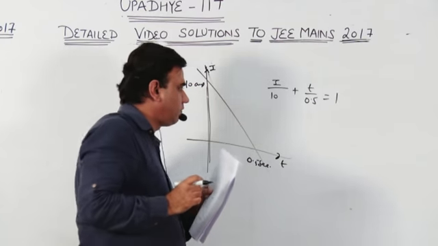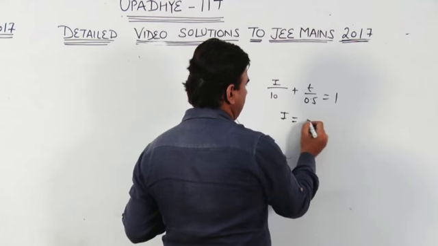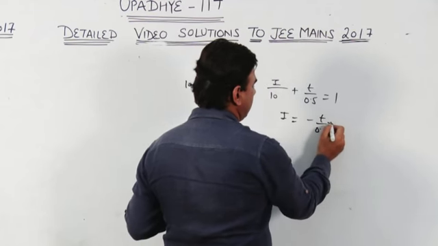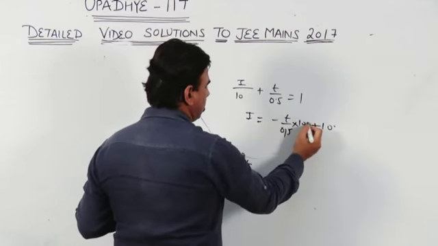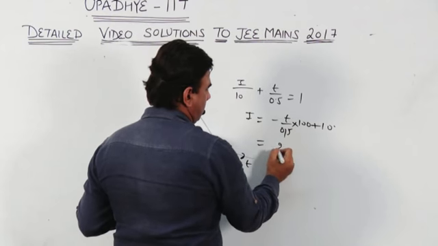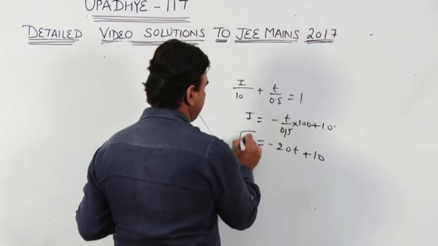So this is the equation of I and T. So I is nothing but minus T upon 0.5 into 10 plus 10. So this becomes minus 20T plus 10. This is I.